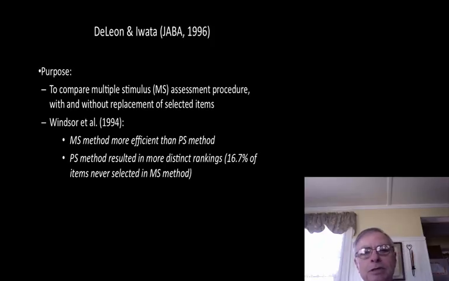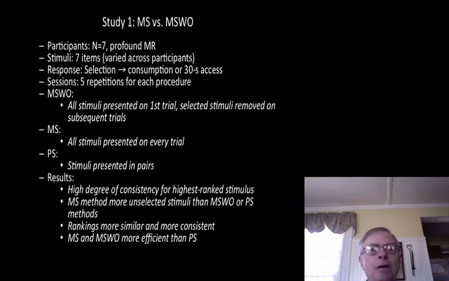I like multiple stimulus even better, especially when you're dealing with somebody whose cognitive function is maybe a little higher. If you start putting too many things in front of somebody who's profoundly retarded or even severely retarded, you may begin to confuse them, and they're not able to really attend to all the things that are there, and you sort of overwhelm them with too many potential highly preferred items.